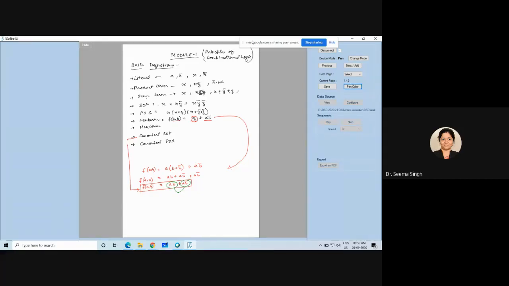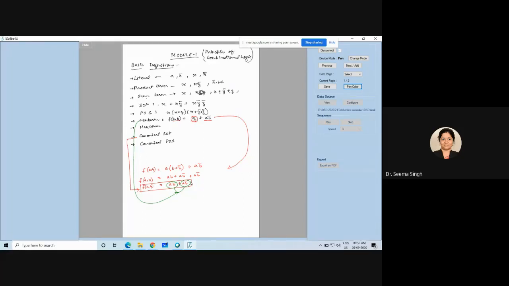I hope it is clear to you now. Canonical SOP means it is a combination of minterms. And what is minterm? Minterm is the term which has all the variables. When I had shown in the first case, this did not have B, so it was not in minterm form.